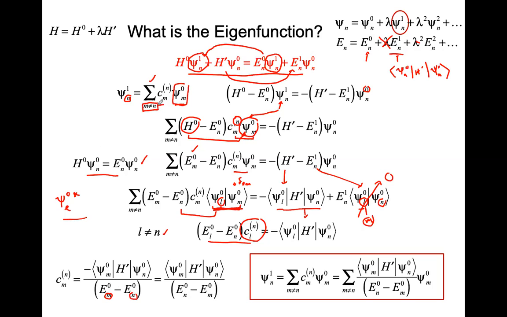You can make a mathematical argument why you wouldn't allow them back then, or why you don't need them back then to have a complete solution. But right here, if these guys were the same state, it would have the same energy eigenvalue. It's just not allowed. And in the case of a degeneracy, I would also have 0 there, because if the M state has the same value as the N state, that would also be equal to 0.